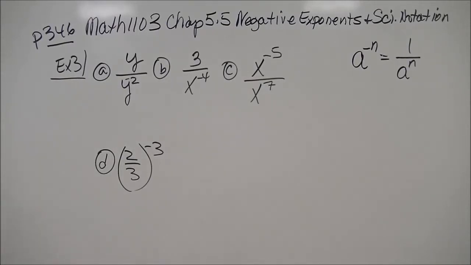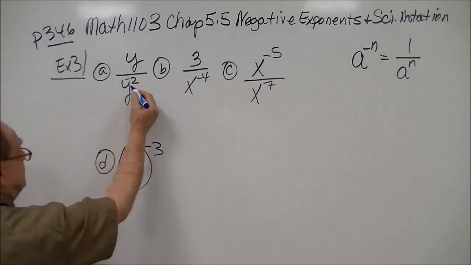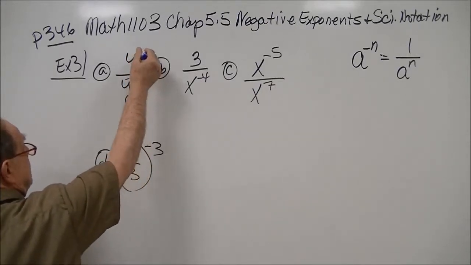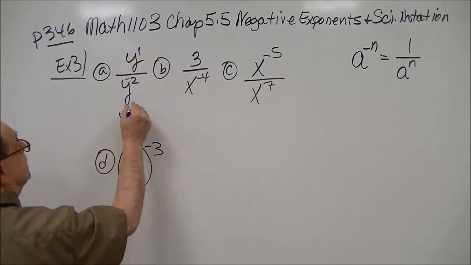All right, going on to example 3. Again, the instructions say make all with positive exponents. So here, as we bring up the -2 and a 1 up there, that makes this y to the third.